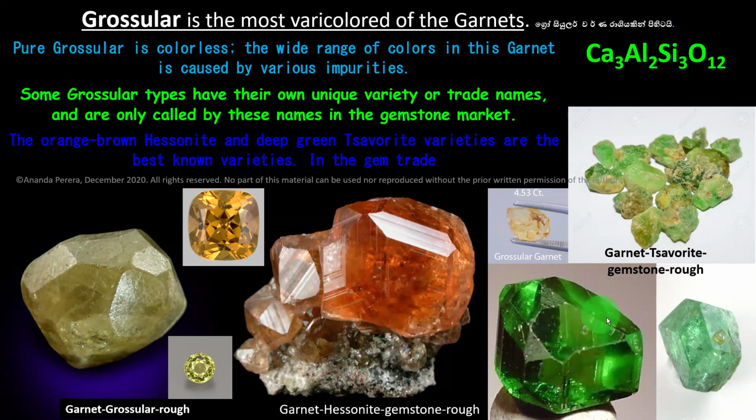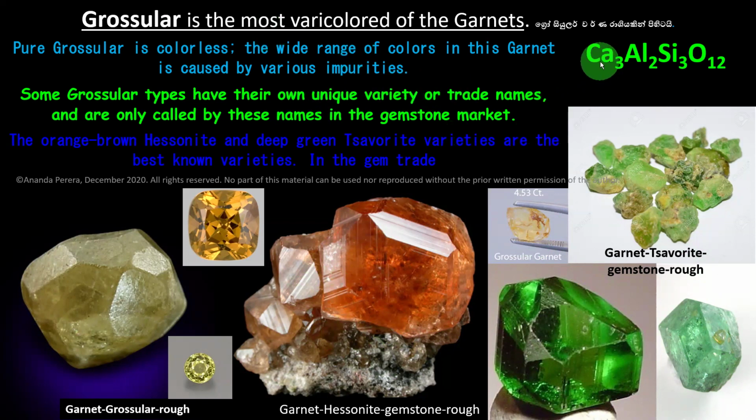This is savorite from Tanzania. Look at the shape. Garnet, savorite, gemstone rough. So the grossular family is multicolored, vari-colored. The most vari-colored is grossular garnet.